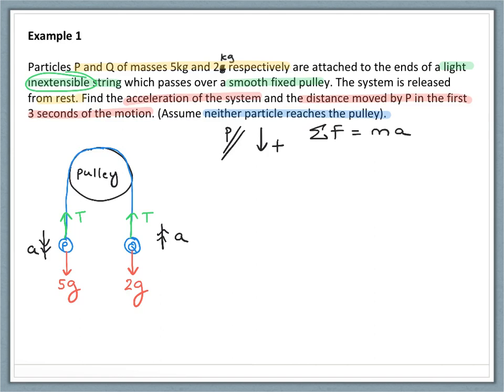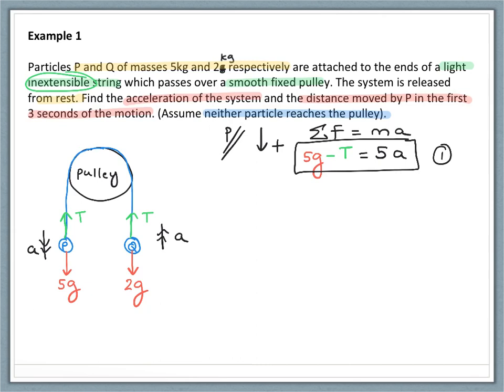So forces acting on P, we have 5g acting downwards in the positive direction, T acting upwards, which must be negative because it's in the opposite direction, equals the mass of the particle, which is 5, multiplied by its acceleration A. And we clearly have an equation with 2 unknowns, T and A.